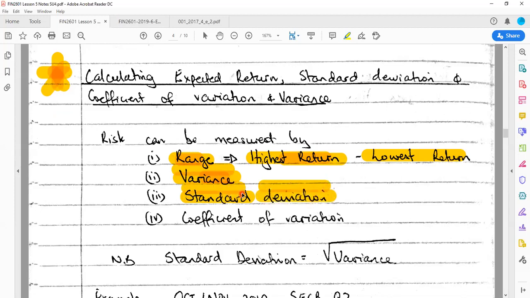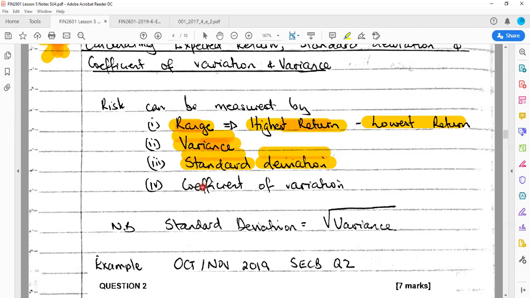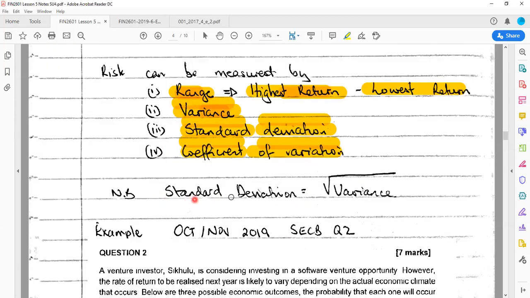So these are very important. And lastly, you have to know about a measure of risk known as the coefficient of variation. I'm also going to show you how to do this through an example. So I'm going to illustrate how to calculate these three through an example. Please note there's an important relationship.